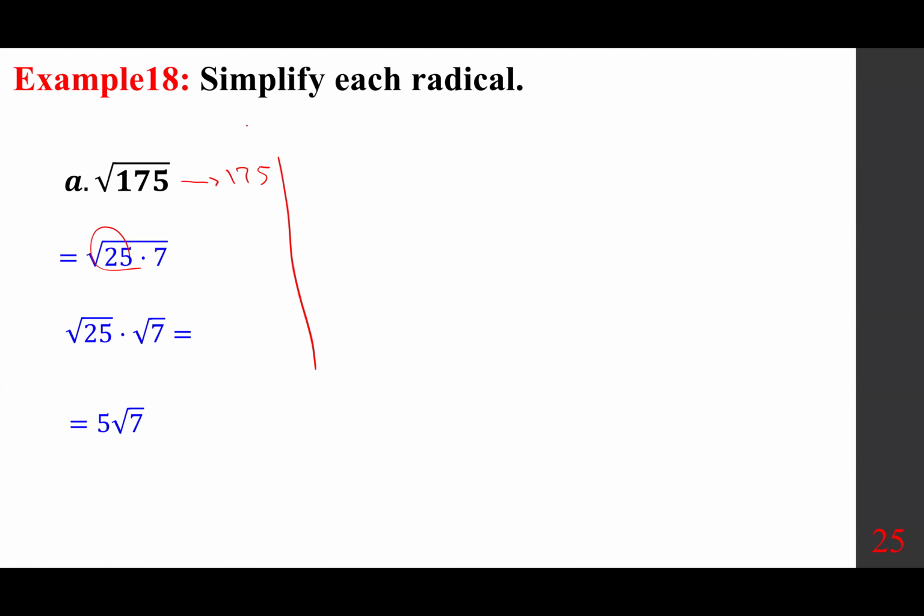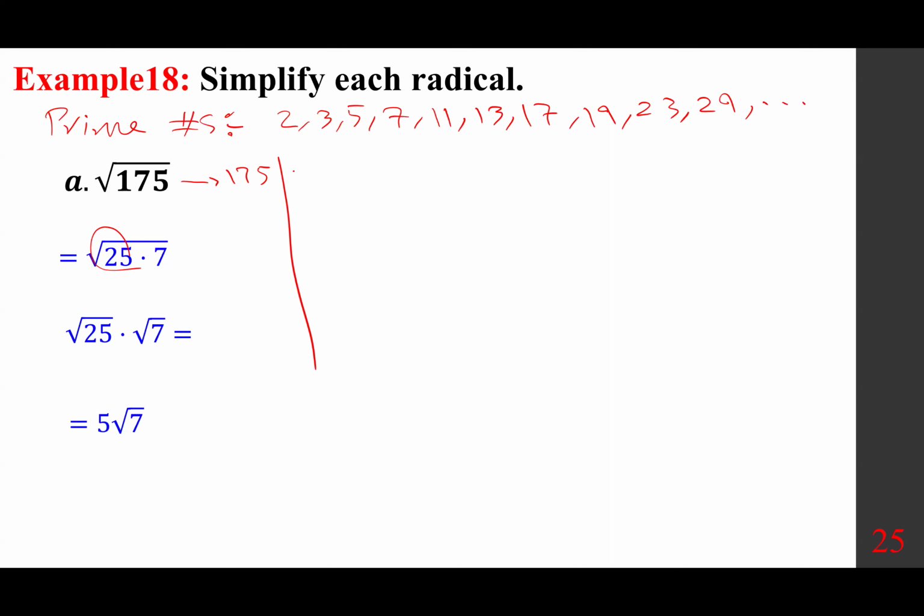No. So the next prime, remember prime numbers, they are divisible by themselves and 1 only. So 2, 3, 5, 7, 11, 13, 17, 19, 23, 29. So I hope everybody remembers them.